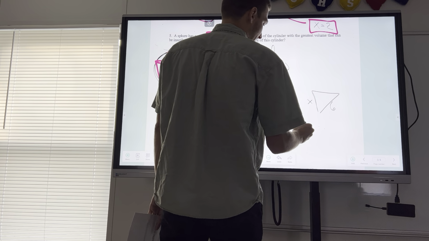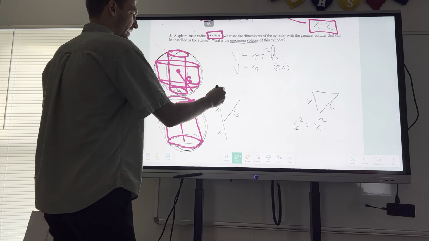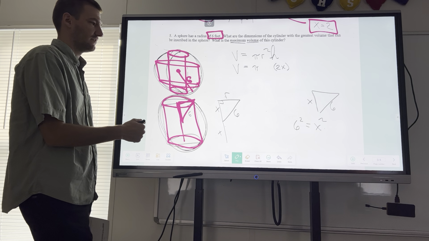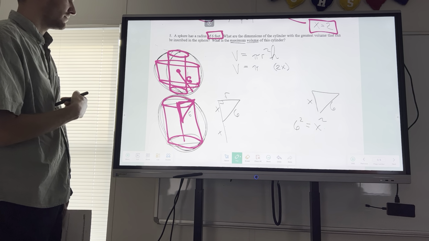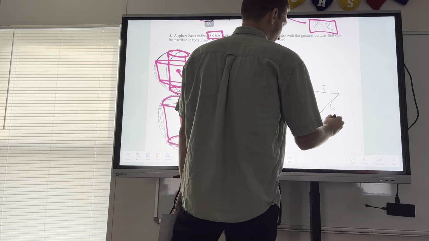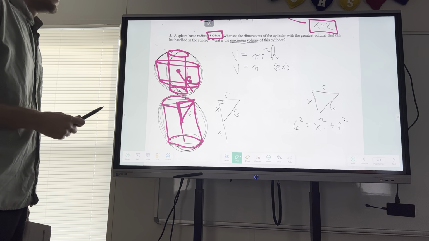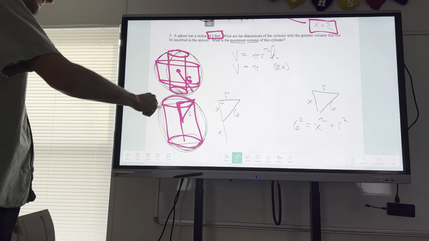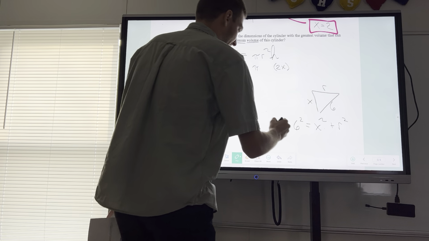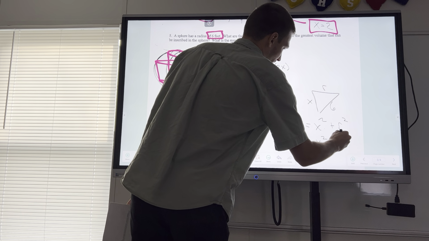We know it should be 6 squared equals X squared plus R squared, where R is the radius of our cylinder. And this, we can try to solve for R. Subtract the X squared. 36 minus x squared equals r squared.